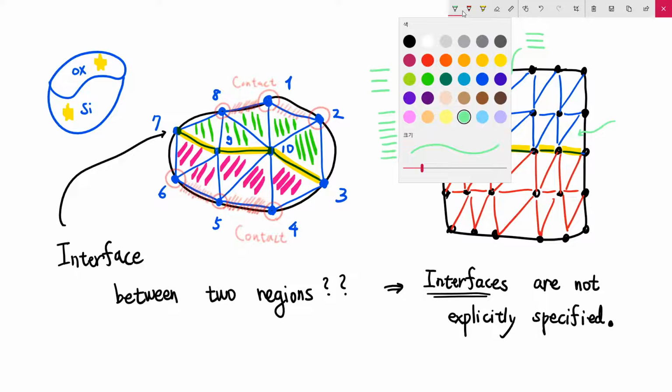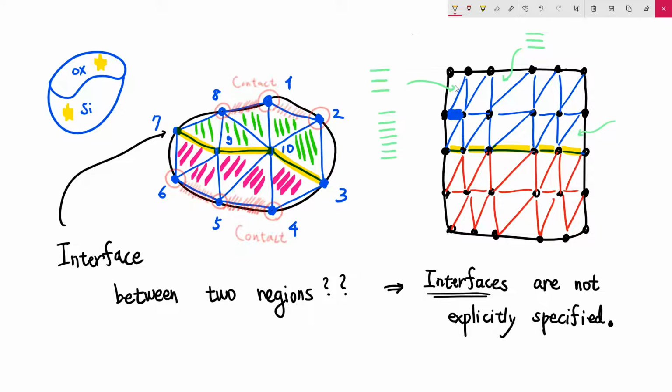Also you can generate a list of edges from this lower region.